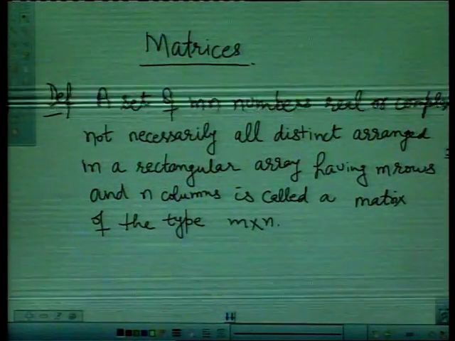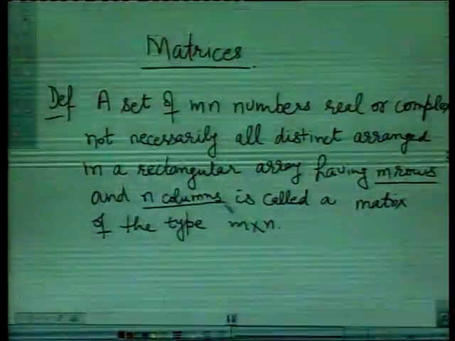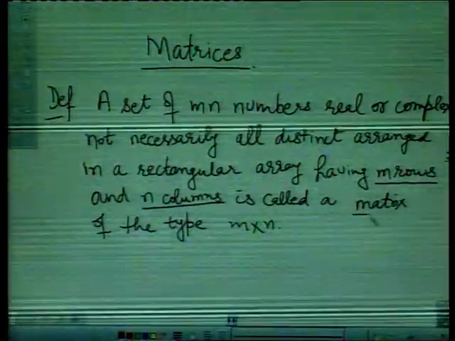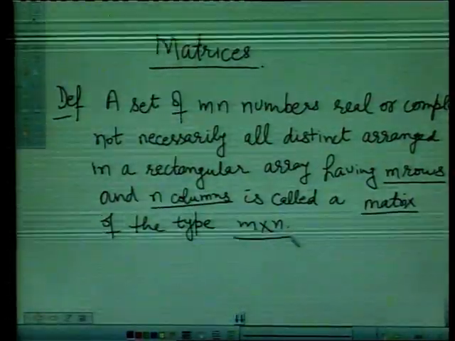Means if there are m rows and n columns, then the matrix is of the type m cross n.